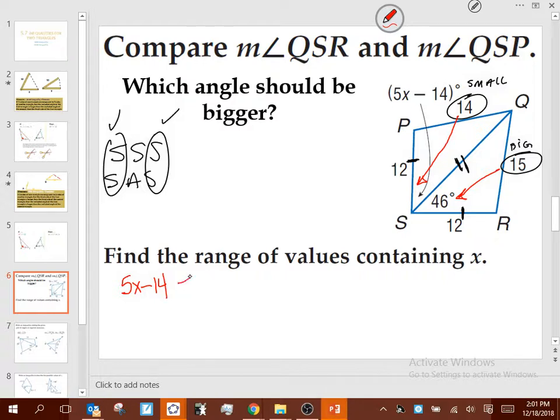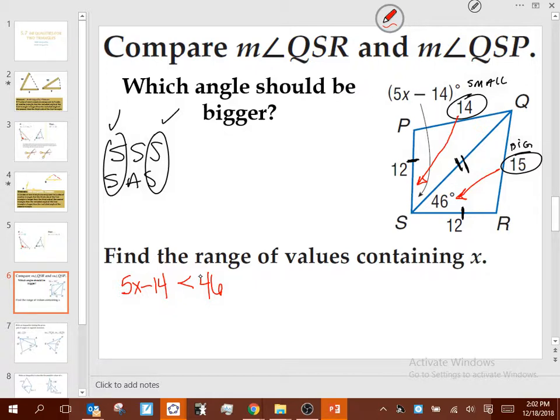It should be less than 46. Okay, so that is the inequality that we set up based off of the understanding that that angle of 5x minus 14 needs to be smaller than 46 because 14 is smaller than 15. The angles opposite are in the same relationship, the same inequality that the segments were in.